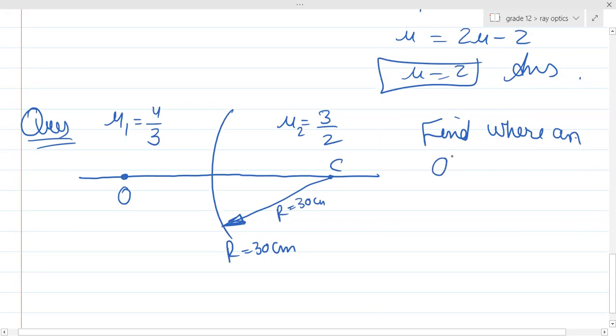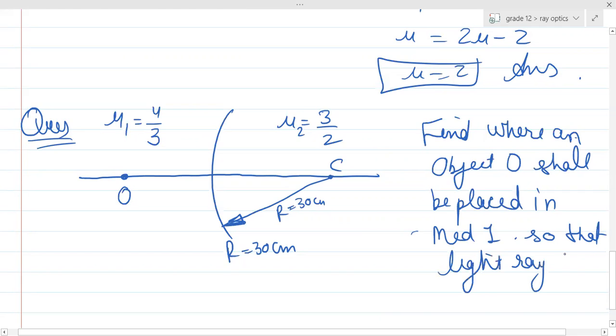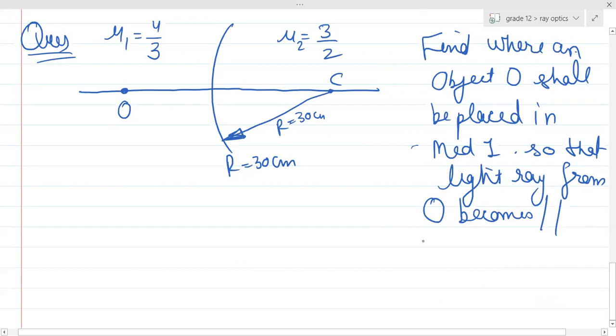Find where an object O shall be placed in medium 1 so that light rays from O become parallel to the optical axis after refraction.